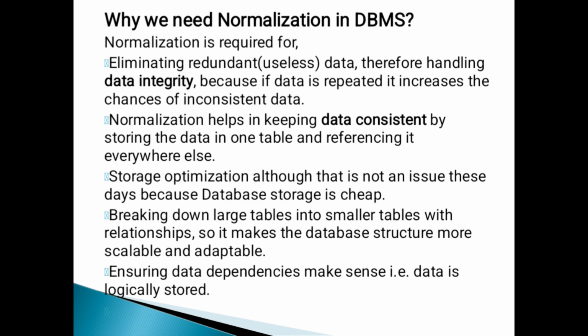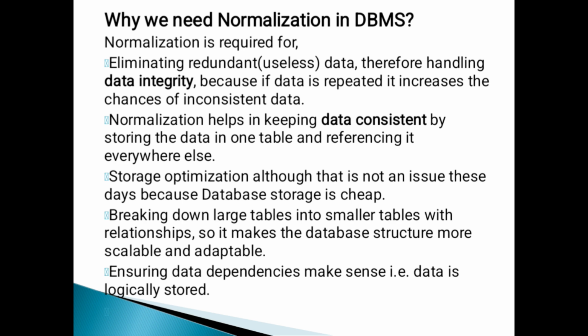Why we need normalization in DBMS? Normalization is required for eliminating redundant data, therefore handling data integrity, because if data is repeated, it increases the chances of inconsistent data. Normalization helps in keeping data consistent by storing the data in one table and referencing it everywhere else.